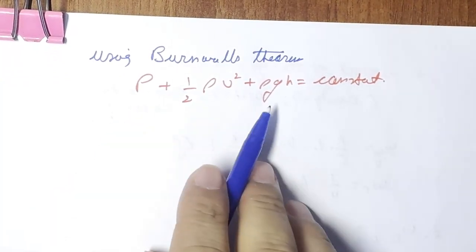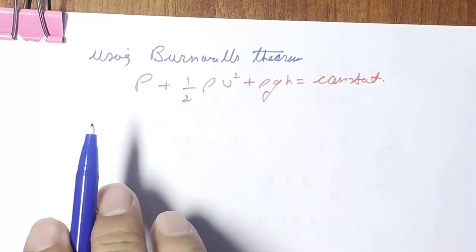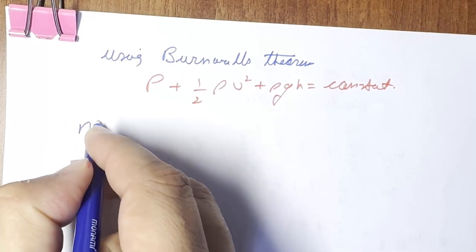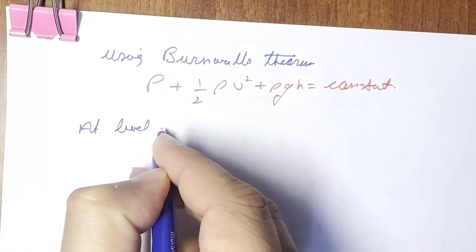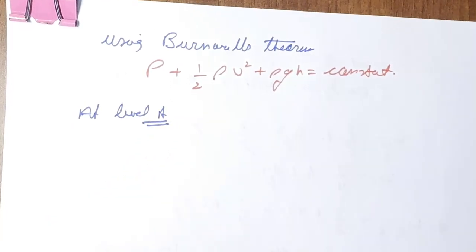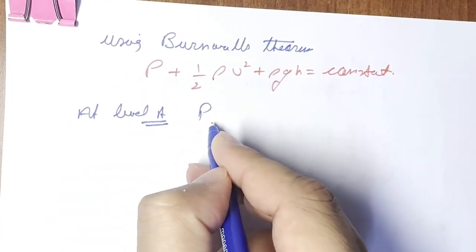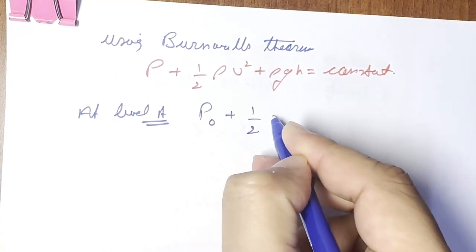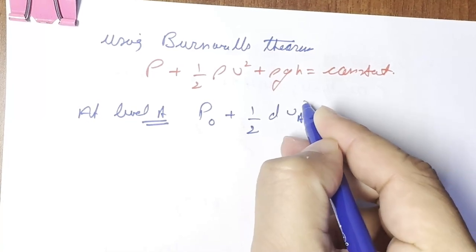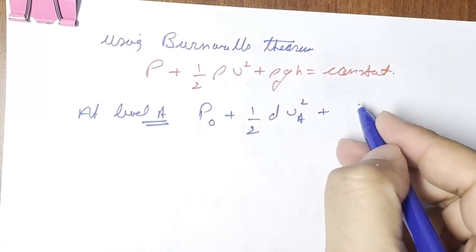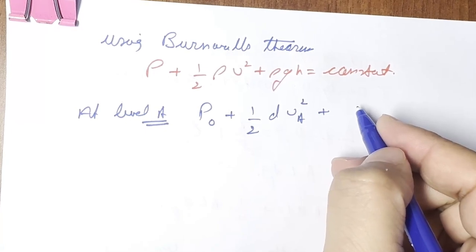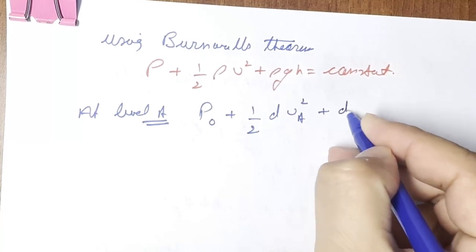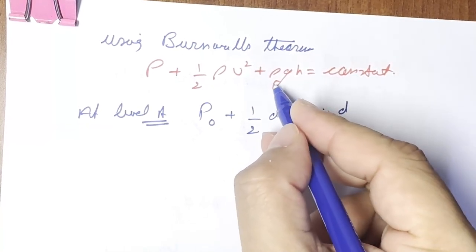So let us modify this Bernoulli's equation for point A as well as point B. At level A, the pressure is our atmospheric pressure P0, plus half density D times VA square, plus the rho gh.